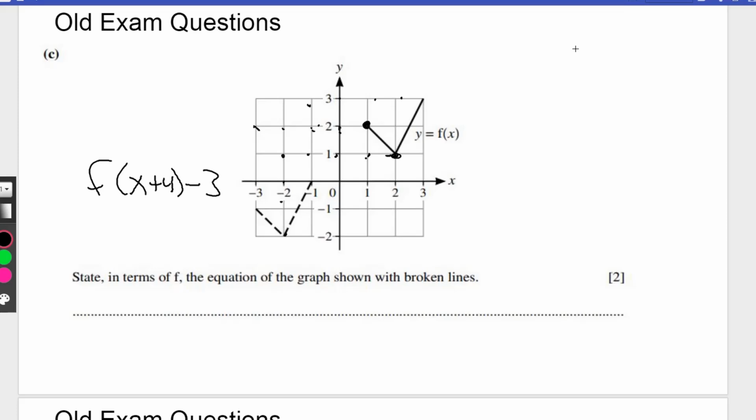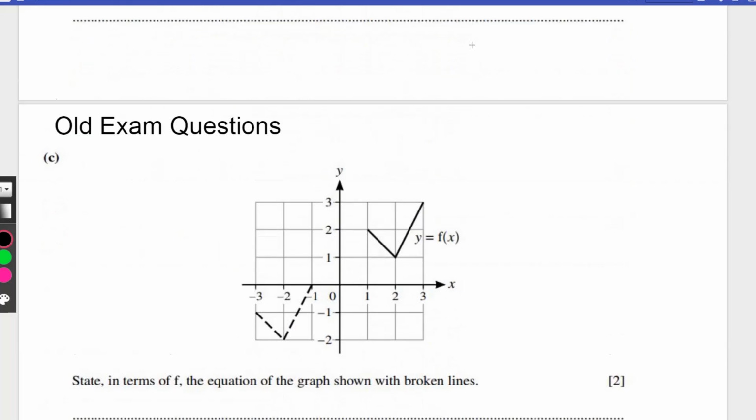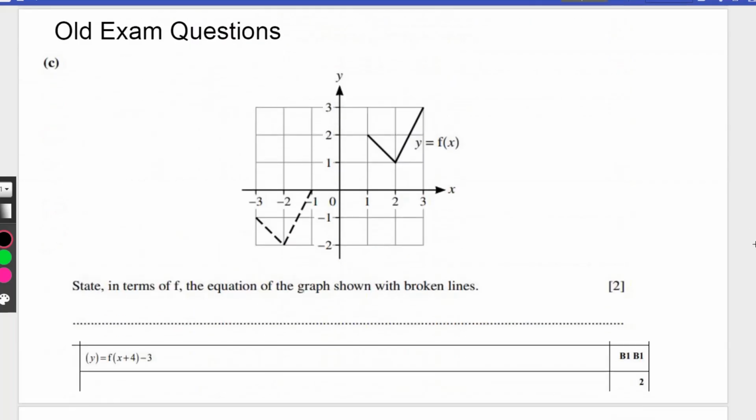And then it goes down 1, 2, 3. Each one of these points, they all do exactly the same thing. They go left 4 and they go down 3. This is worth 2 points. I'm guessing you're probably going to get 1 point for this and 1 point for that. Yeah, that's what they're looking for. 1 for this, 1 for that. 2 points. All right.